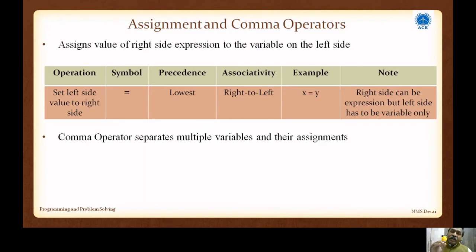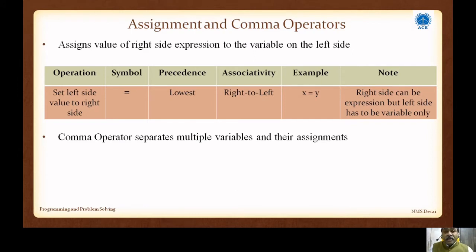For example, when I want to declare 4 variables of integer type, I can write int x, y, z, a. I can also write int x, y, z is equal to 25. I am initializing the value there. It is not assignment. When a value is given at the time of declaration, it is called initialization.